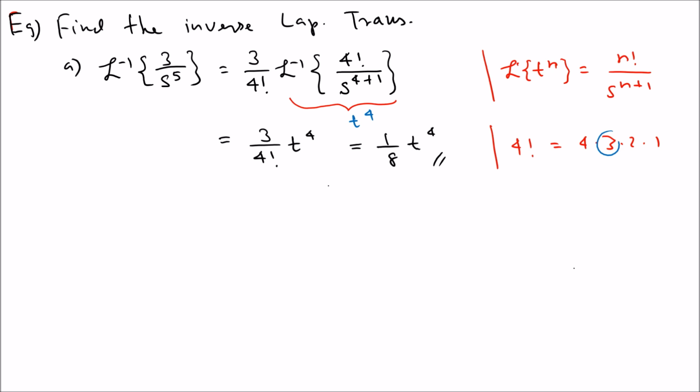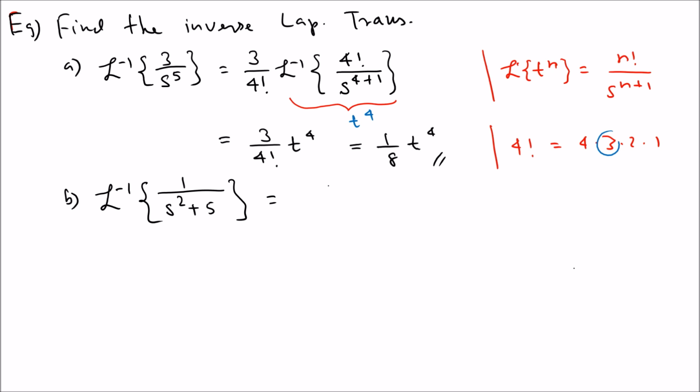So let's do another one. How about this one? Let's say the inverse transform of 1 over s squared plus 5, maybe. If you have something like that, you can simply match with the formula.